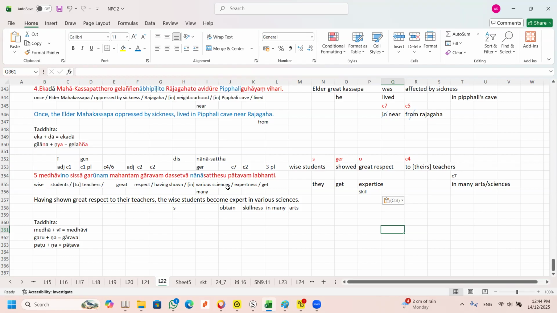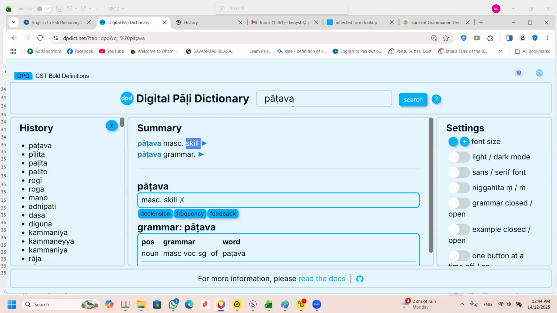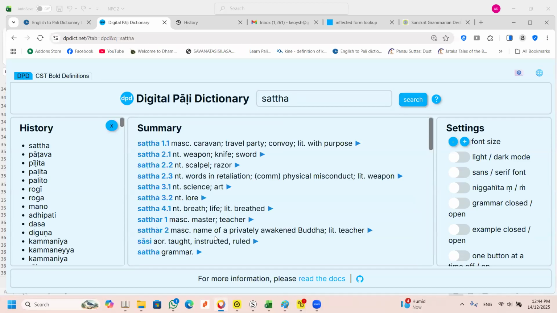Just now the word satta has multiple meanings. 3.1, you see, science and art.